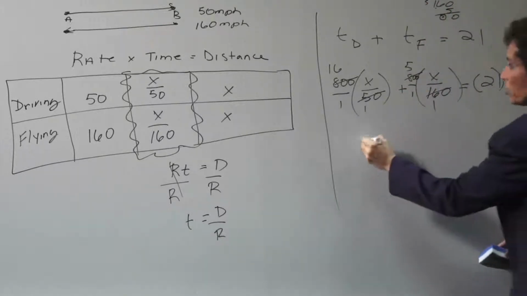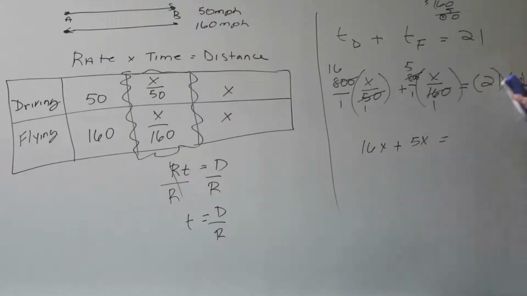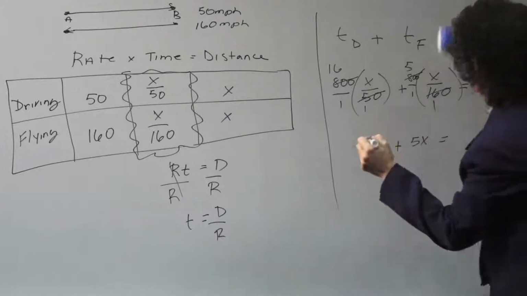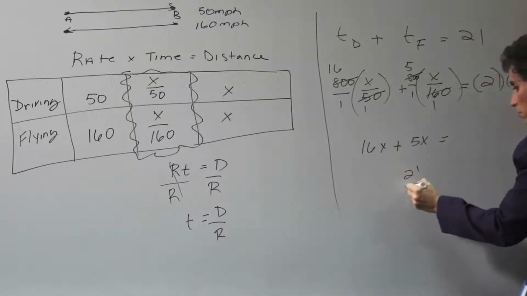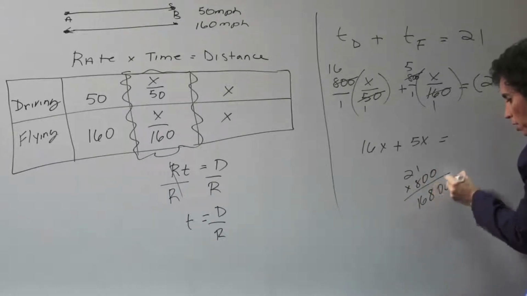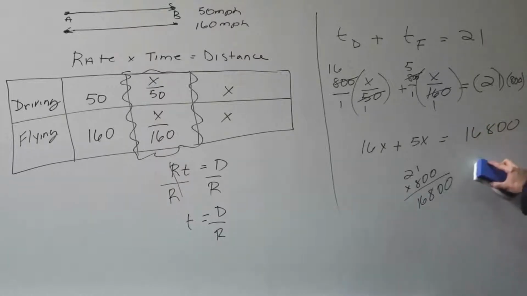So we have 16x plus 5x equals 21 times 800. I wish I had a calculator. That's 16,800.